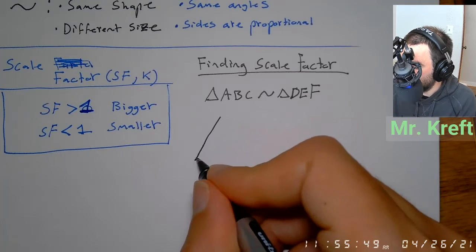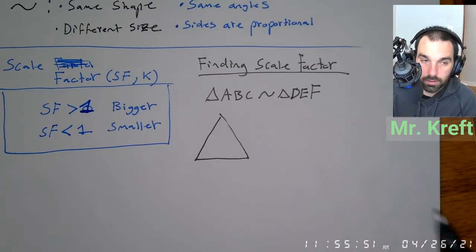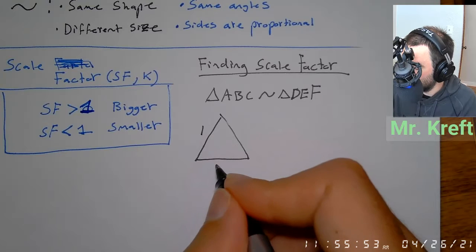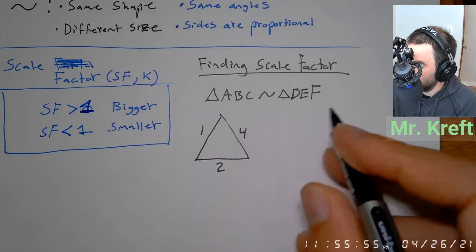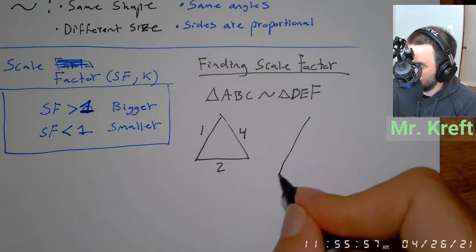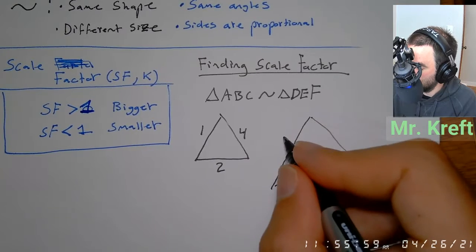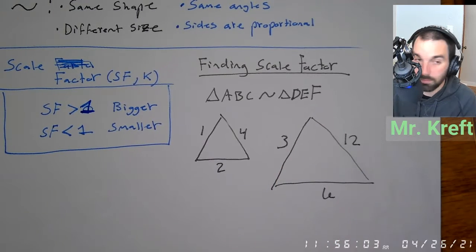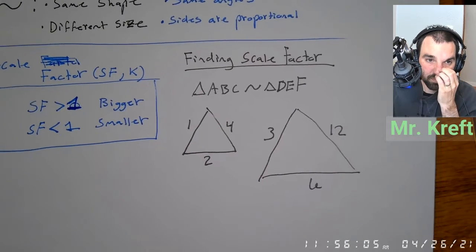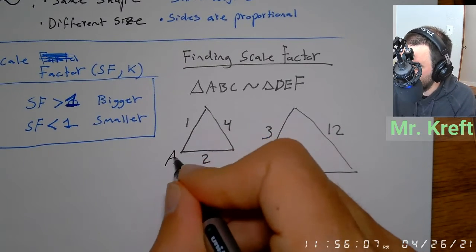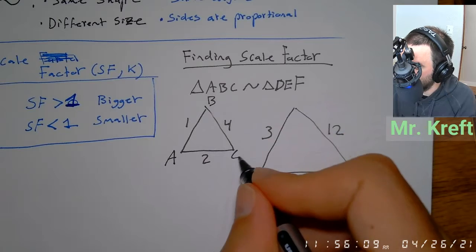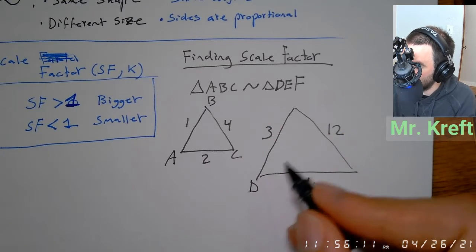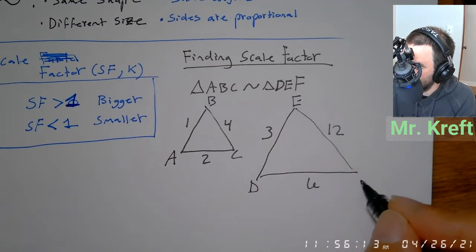And let's say I have sides 1, 2, 4, and this other triangle is 3, 6, 12. This is A, B, C, and this is D, E, F.